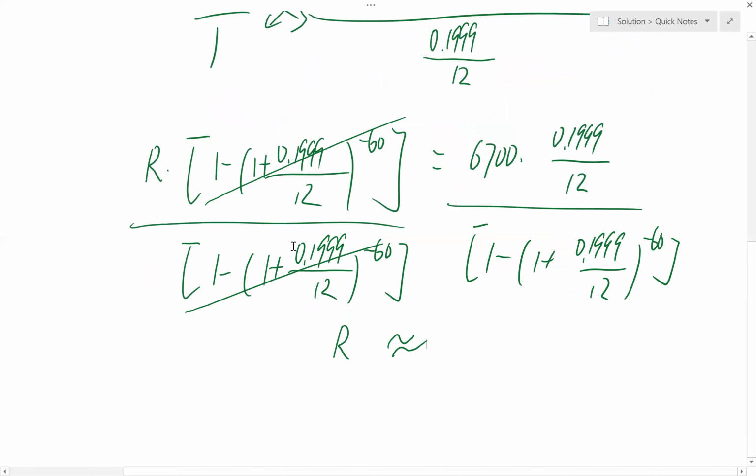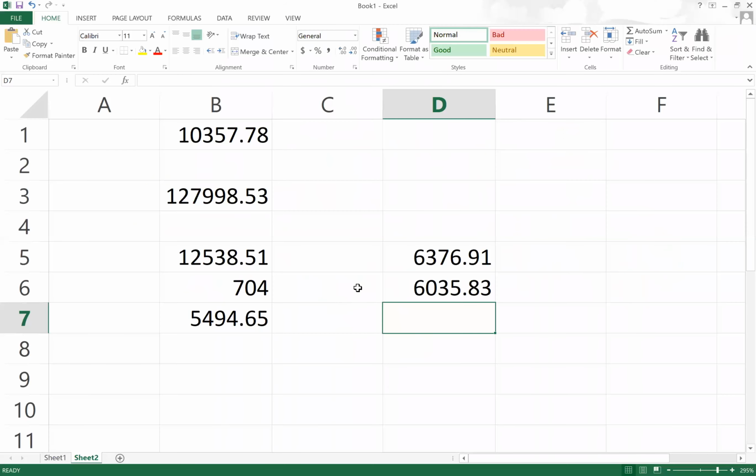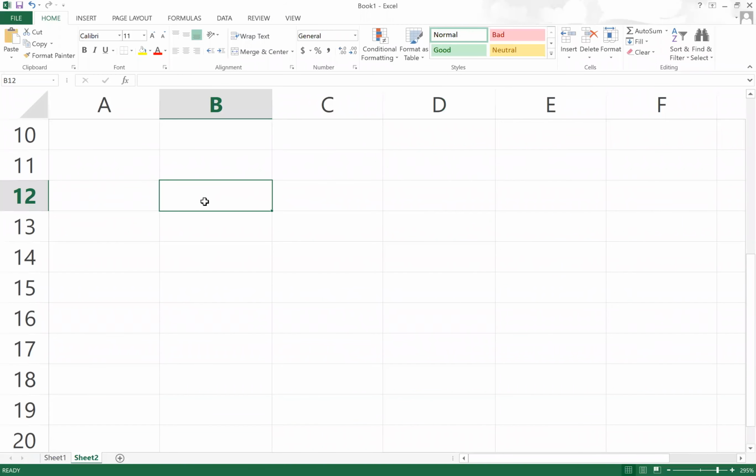Okay, now let's do the math in Excel. So it's going to be 6,700 times, no, we don't need parentheses for the numerator. It's 0.1999 divided by 12. Let's do it. And divide by the denominator. Or if you want to put this in parentheses, no problem, right?